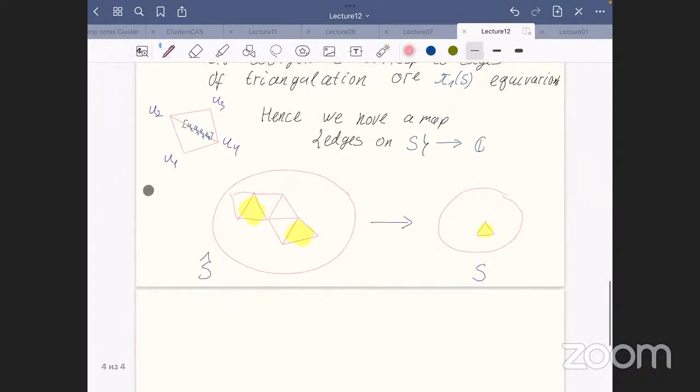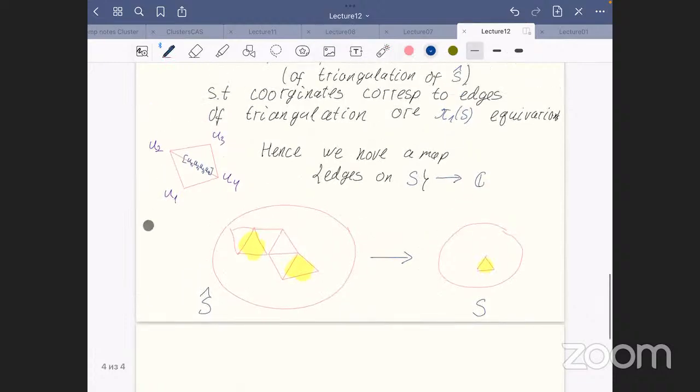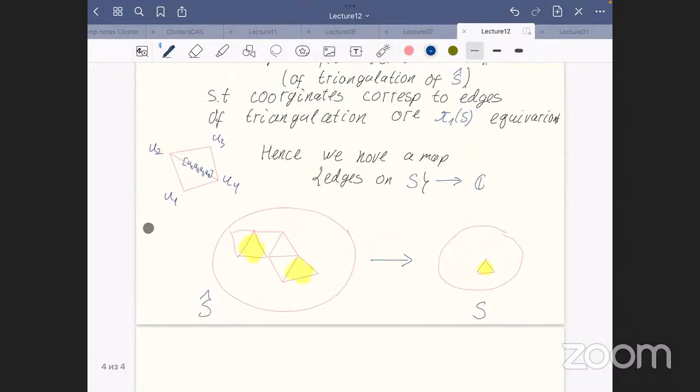So for any element gamma from pi1 of S, we have rho of gamma which belongs to PGL2.